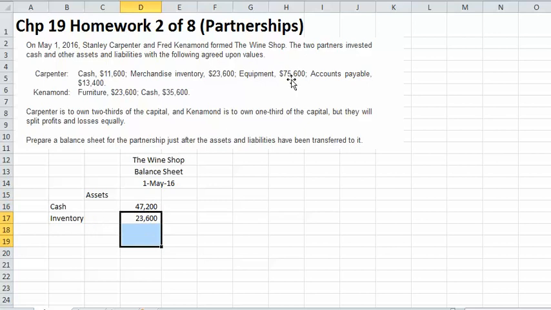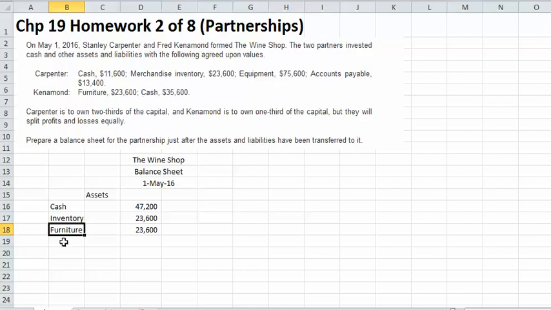Next, this is a liability, so let's just get all the assets first. The next asset will be from the other partner. This will be furniture. Furniture is 23.6, the same as the inventory. You know what, I missed equipment.